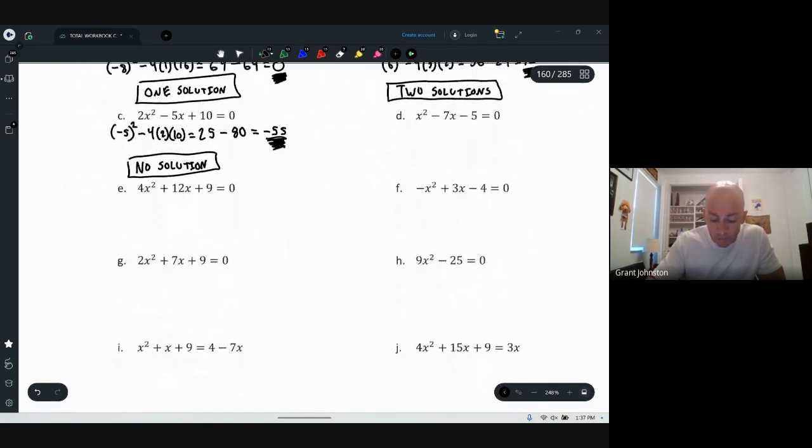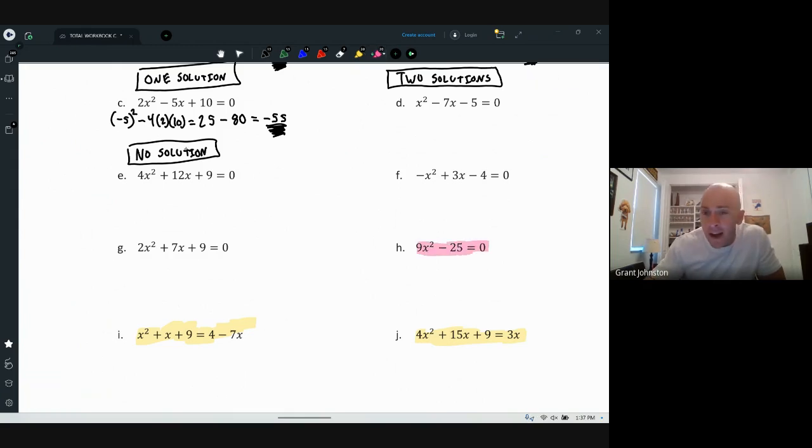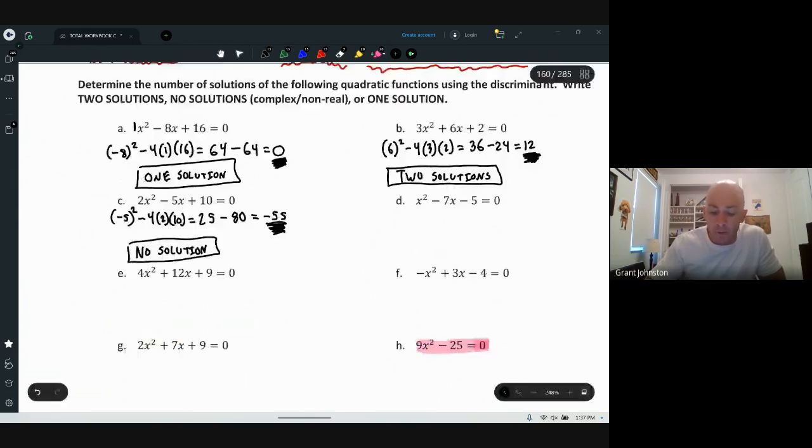So try the rest of these. Remember, on this one, you've got to set it equal to 0 first. Same thing with this. On H, there is no b value. The b value is 0, so use 0 squared minus 4ac. So just be careful with those, okay?